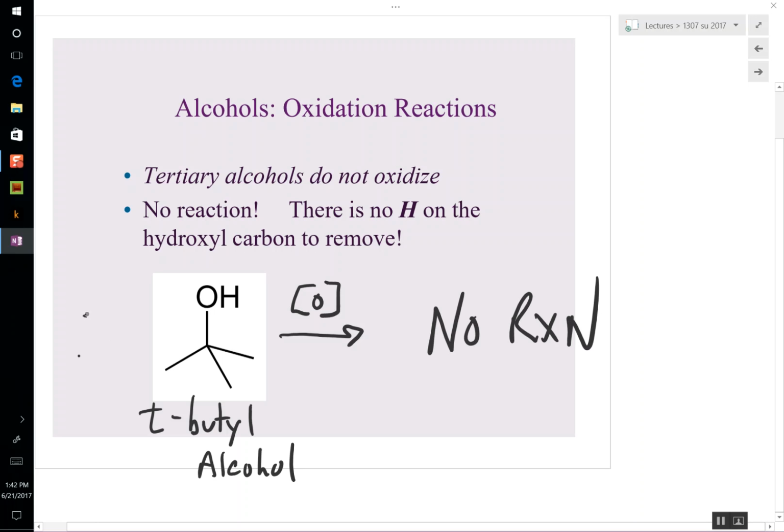Tertiary alcohols do not oxidize. There's no hydrogen on this carbon right here, and that's kind of what you need for the oxidation to proceed. You need to lose 2 hydrogens. There's no hydrogen. There's a carbon, and a carbon, and a hydroxyl. So tertiary alcohols don't oxidize.